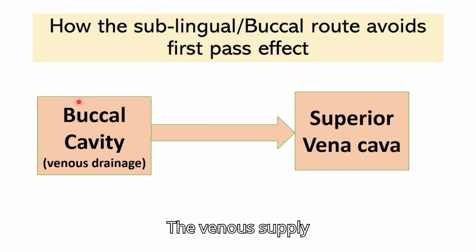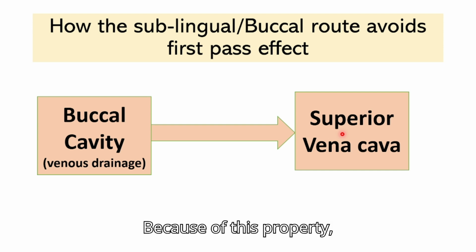The venous supply of the buccal cavity drains into the superior vena cava, and therefore the drug is distributed into systemic circulation without necessarily going into the liver first.